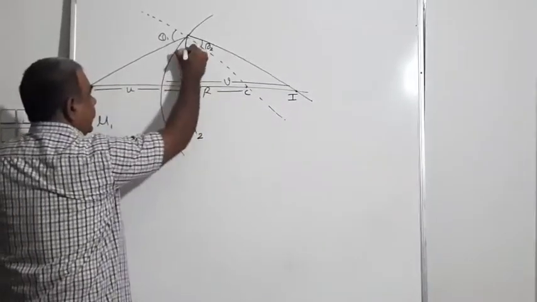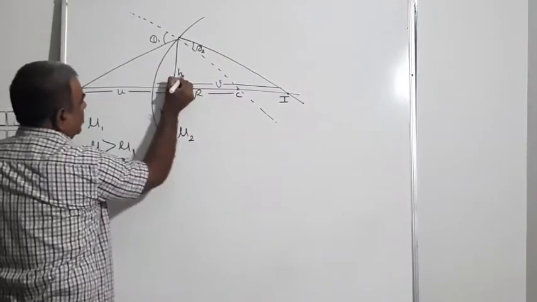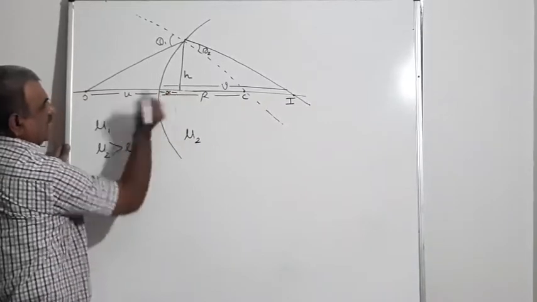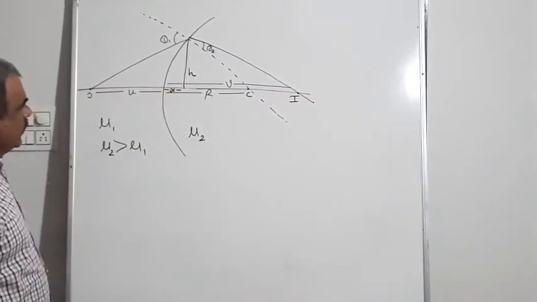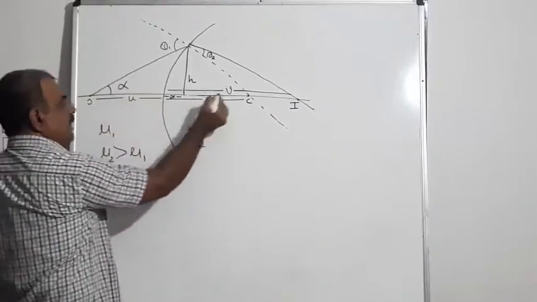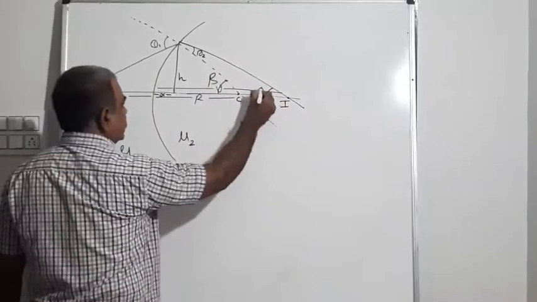This is a small distance, let's say x. Further, this angle we are defining as alpha. Let's say here it is beta and here it is gamma.